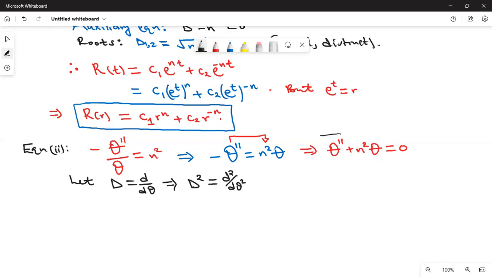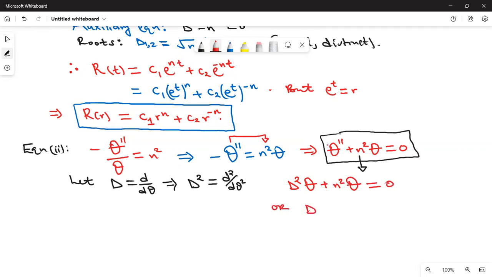So this equation now in terms of the d operator, how can we write it? It will be d squared theta plus n squared theta is equal to 0, or d squared plus n squared operating on theta should give us 0.